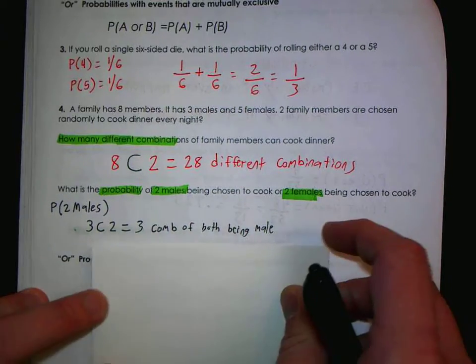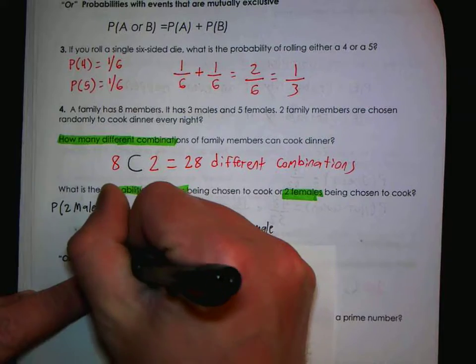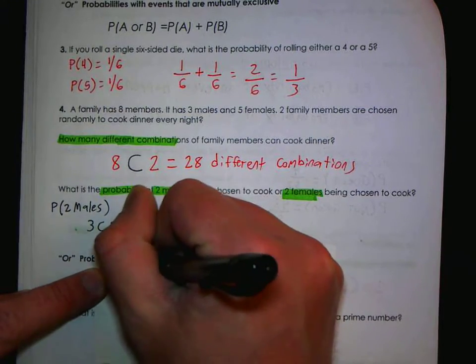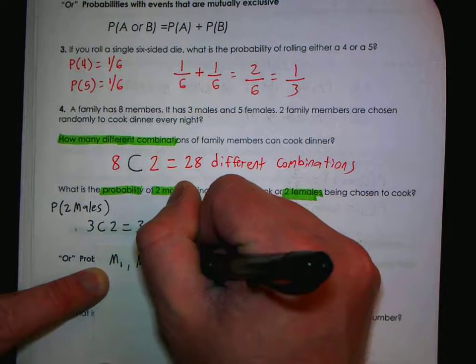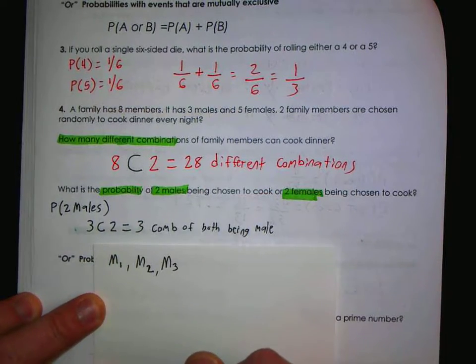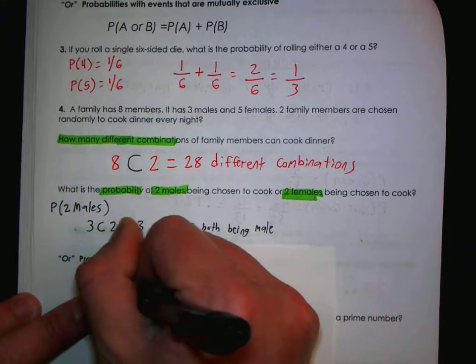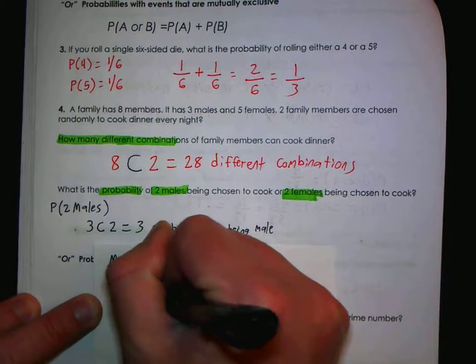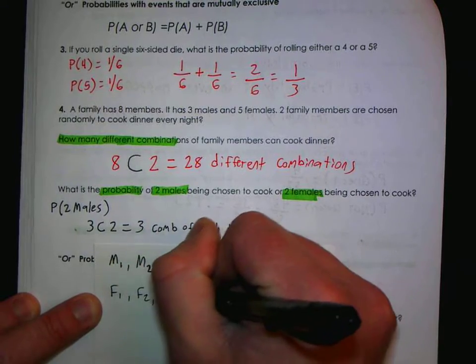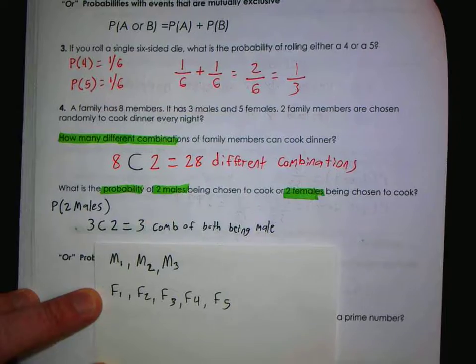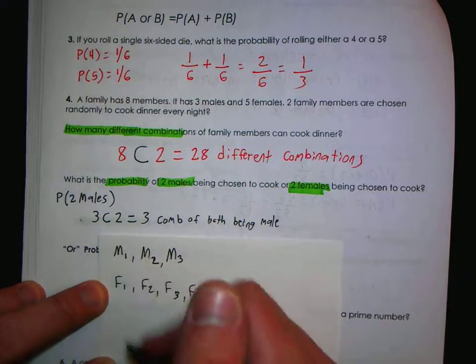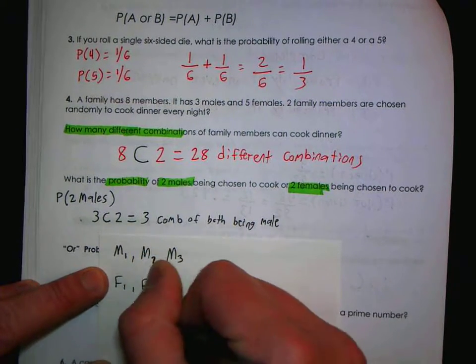So you have male 1, male 2, male 3, and then in this family, you have what, 5 females? Female 1, female 2, female 3. So if you're picking 2 of them, you could have male 1, male 2.